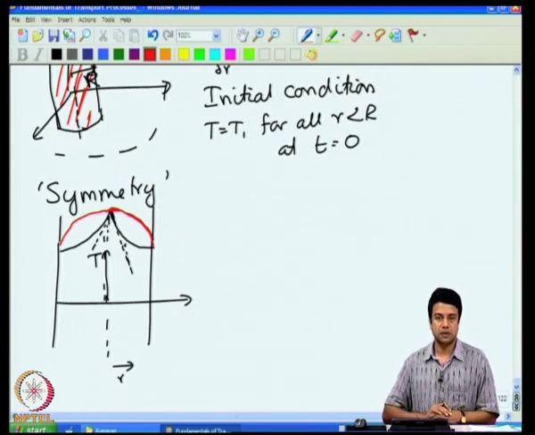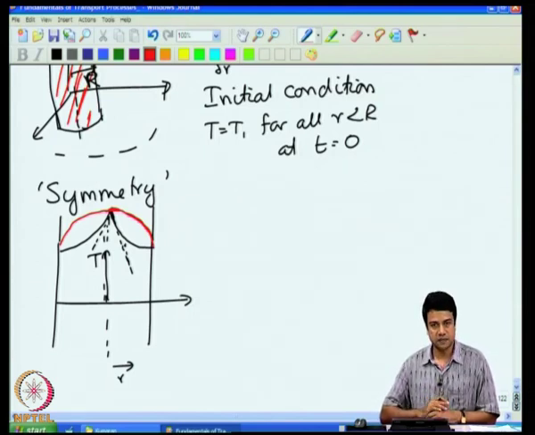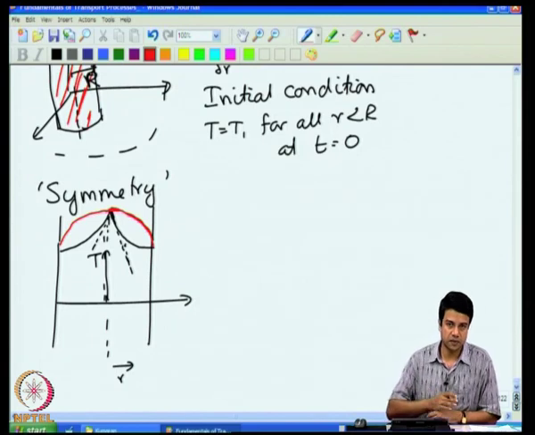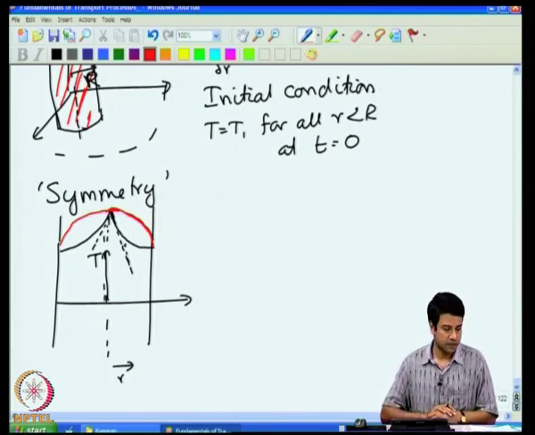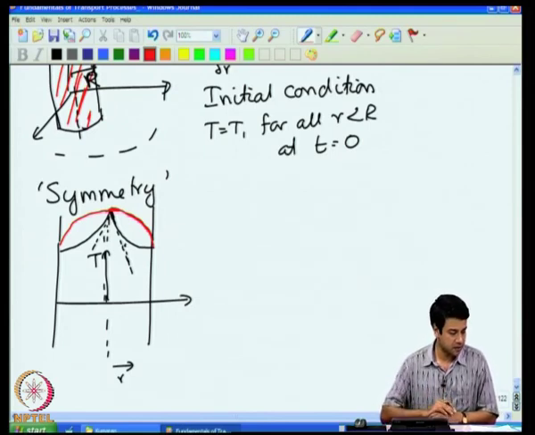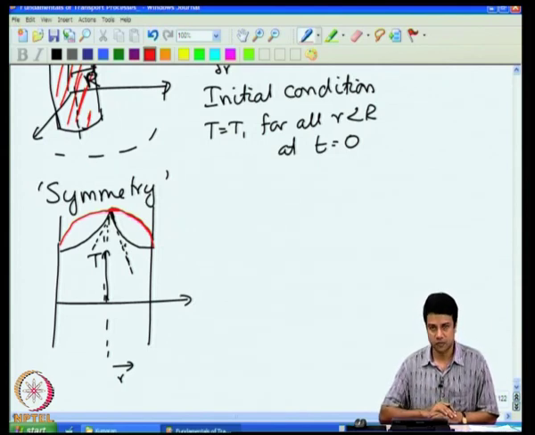If it is not, since the field is axisymmetric, the temperature derivative will not be uniquely specified. It will be negative on the right side, positive on the left side. As you approach from the two sides, it goes to two different values. It is not a single valued function at the center itself. The only way that the derivative will be a single valued function at the center is if it is exactly equal to 0 on both sides.